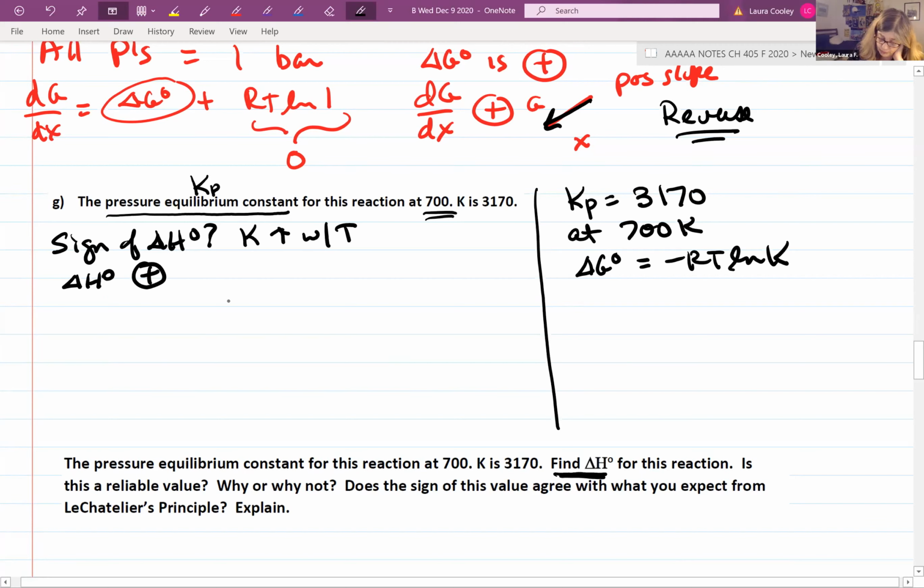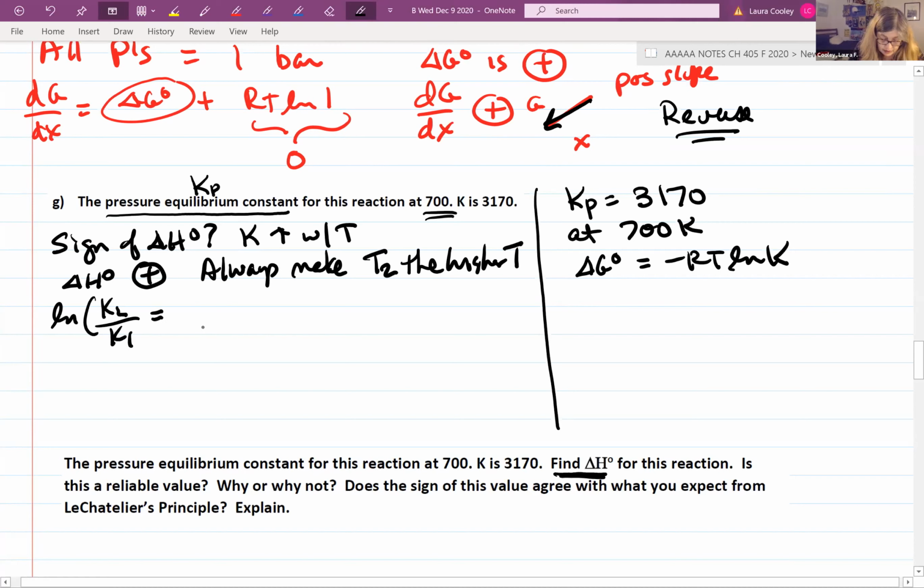So what I've told you in the past with my method, my trick that I always use, is I always make T2 the higher temperature, right? And I use this formula: the log of K2 over K1 equals delta H0 over R, T2 minus T1 over T1 T2.